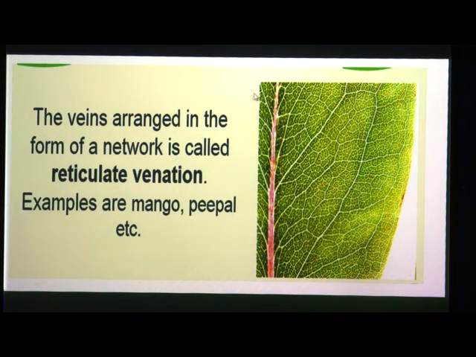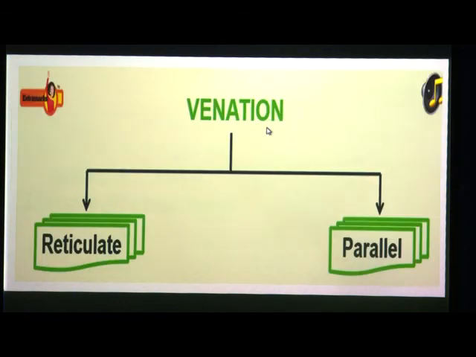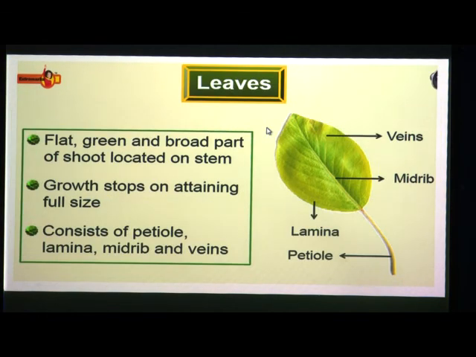See, you can see this leaf. The veins arranged in the form of a network are called reticulate venation. Examples are mango, peepal, etc. If you see a leaf, it has a middle midrib, and after this midrib there are network-like veins.